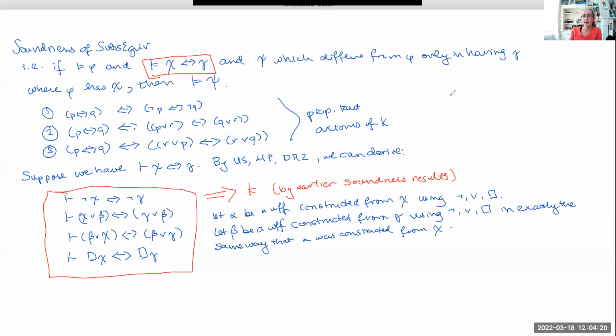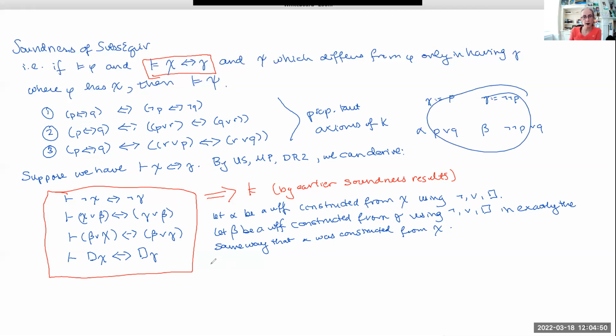So for instance, suppose that we have p on one hand and not p on the other hand. If this is our chi and this is our gamma, then alpha could be constructed by saying p or q. Then beta would be constructed by saying not p or q. So there's an example of how this works.